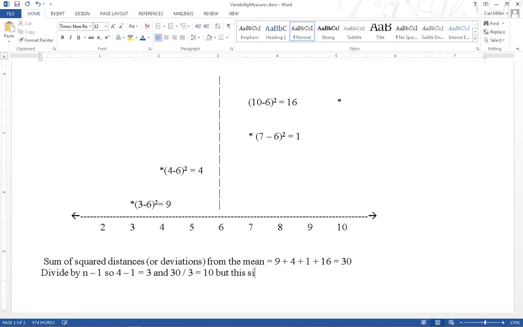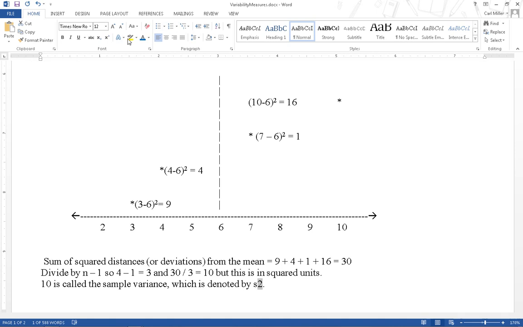But this is in squared units. Okay. 10 is called the sample variance, which is denoted symbolically by s squared.